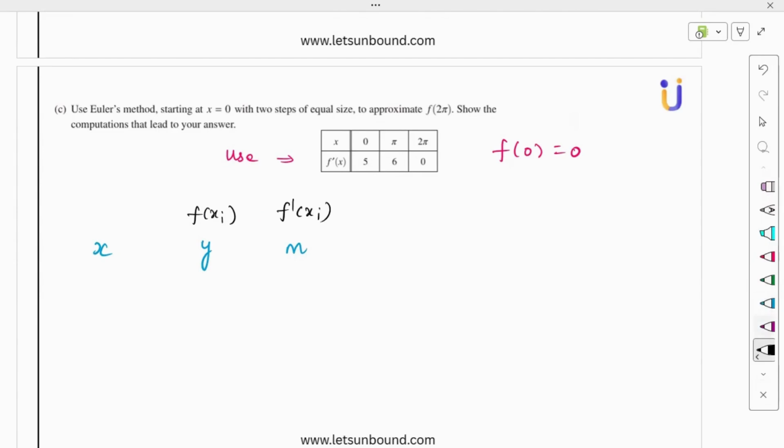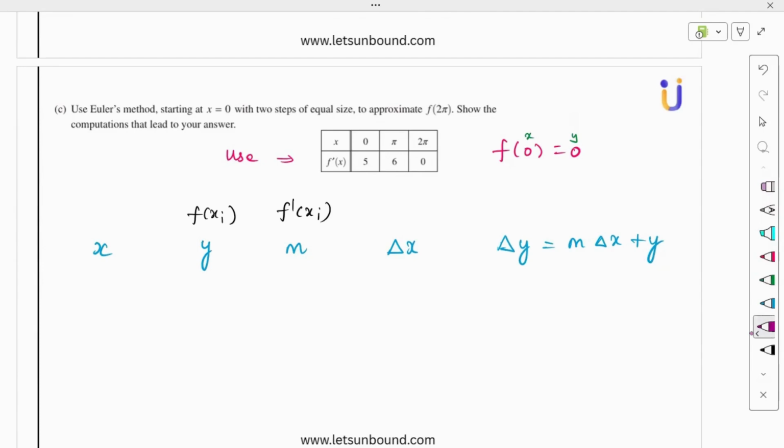And then delta x, the step size, is important. Then delta y, the change in y. Delta y is m times delta x, plus y. This is the formula. So you need to create 5 columns: x, y, m, delta x, and this final thing. First, what should I start with? The initial condition. This is your x, this is your y.